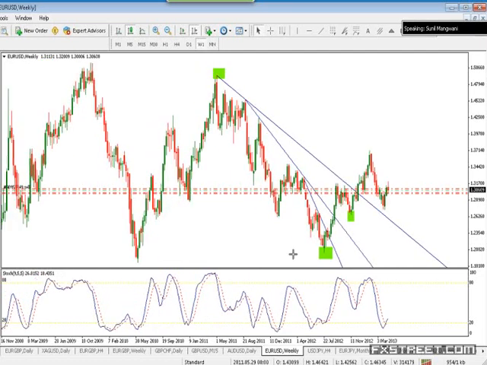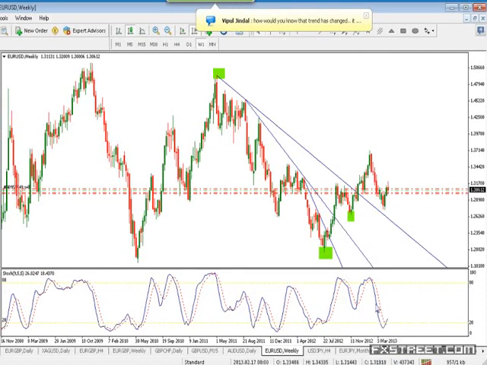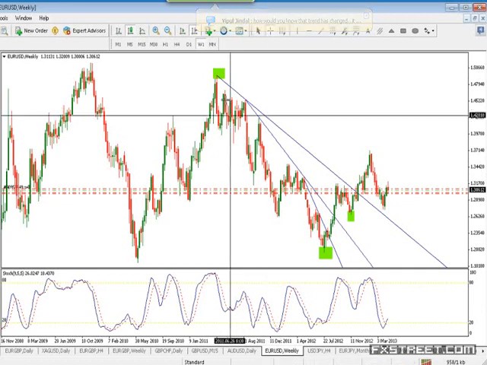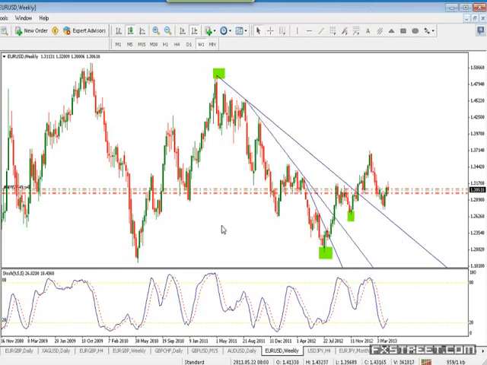Does price move flat, horizontal? It doesn't move horizontal. How does price move? Price always moves in pullbacks, diagonals. If it moves in pullbacks, if it moves diagonally, isn't it logical that the diagonal lines would be much more effective?